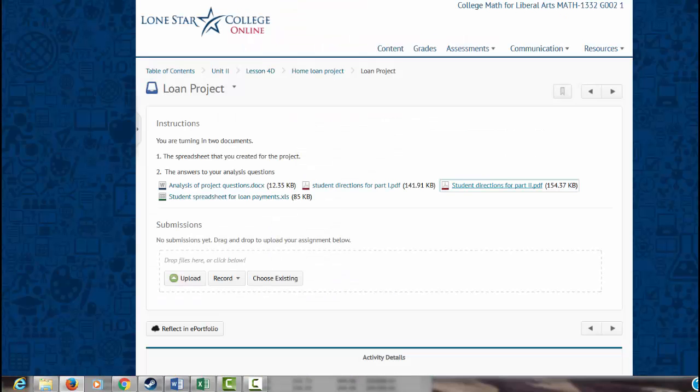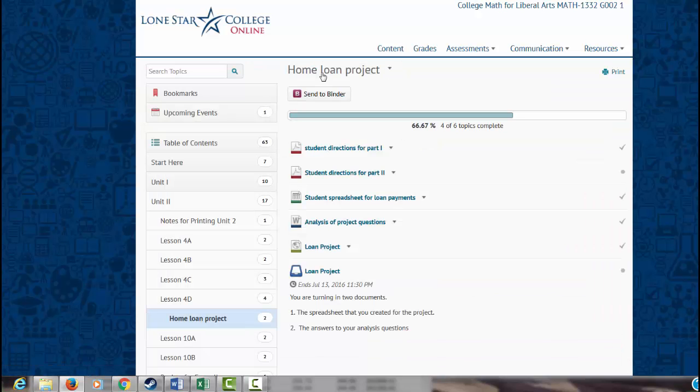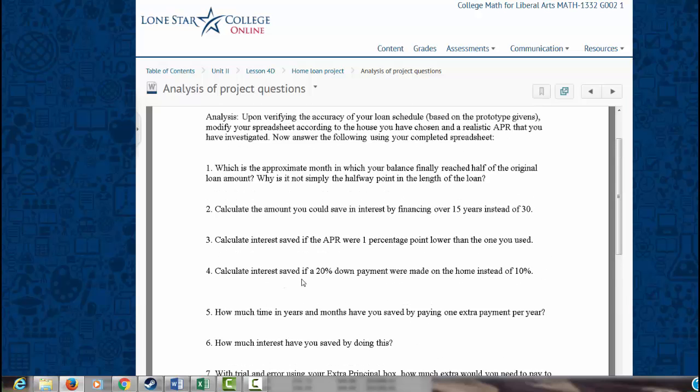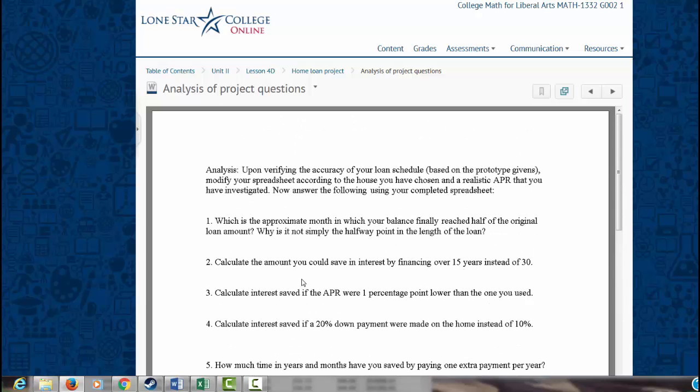So the last reminder I'll give you, and then I'll kind of stop the video. When you are turning the project in, you're turning in 2 documents. You're turning in the spreadsheet that I just helped you make, and then there's some questions about your particular numbers. So these questions are based on what your research came up with. You picked a home loan, a price you wanted.